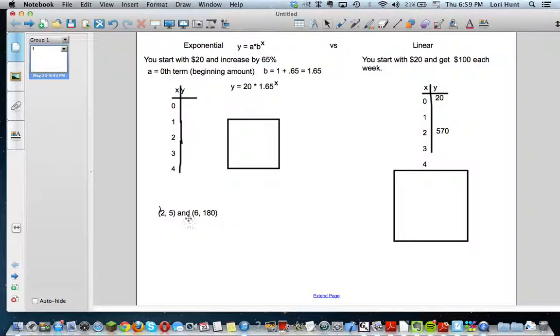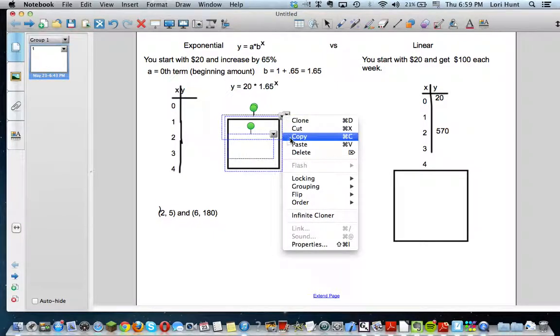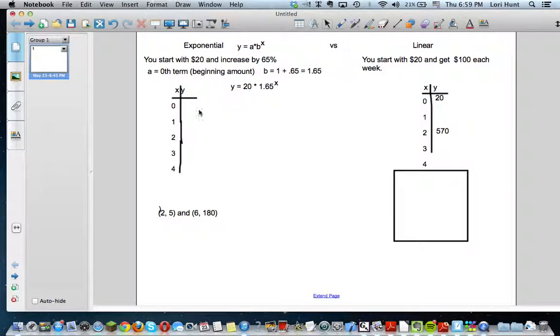This is completely separate from the one we just talked about. It's a different problem. So I usually like to start making a table. I know that the point (2, 5) exists, so I might put that on there.